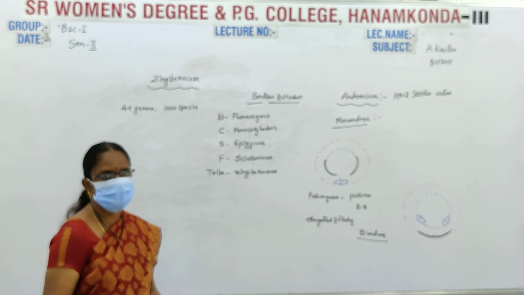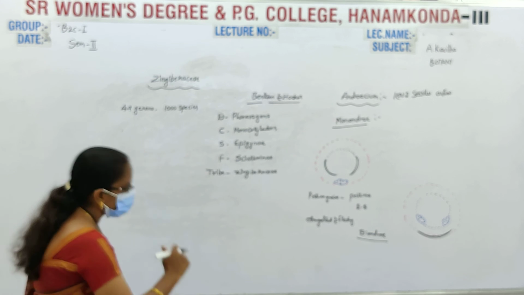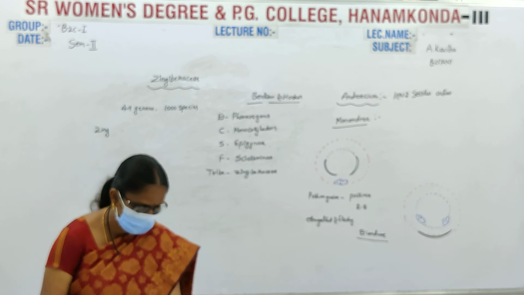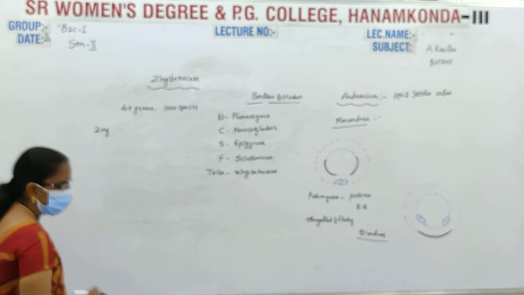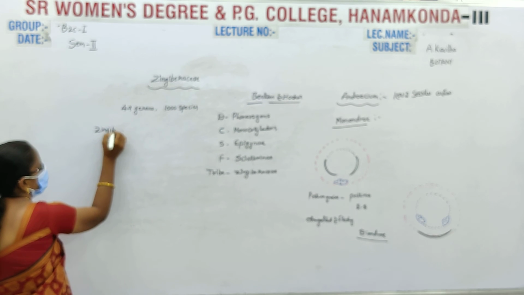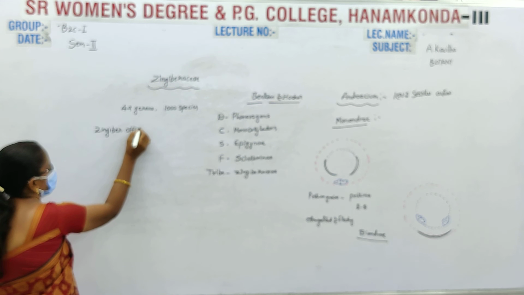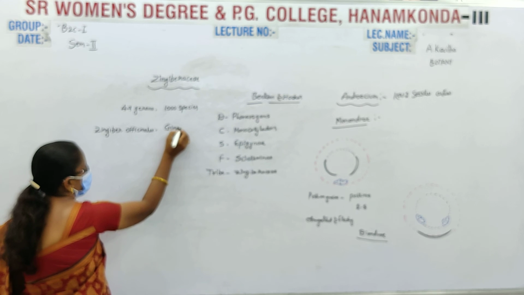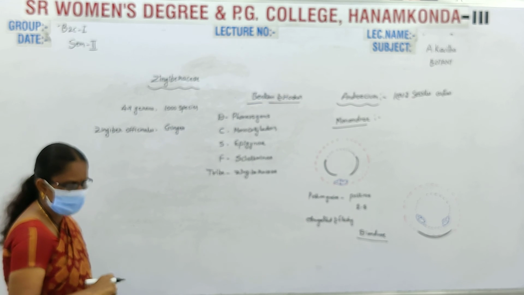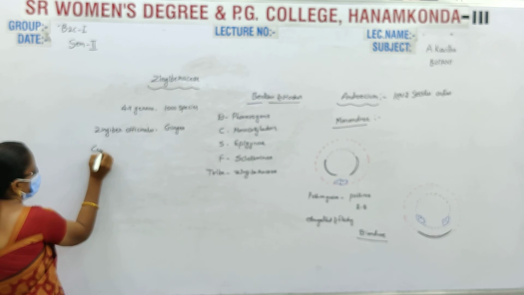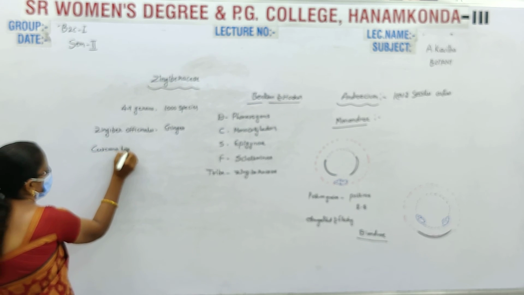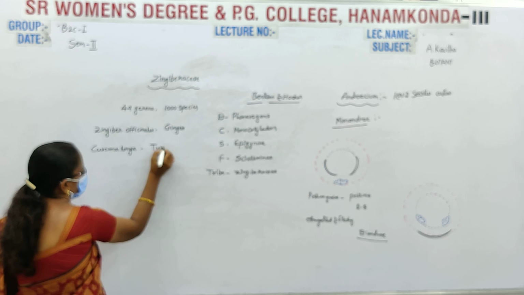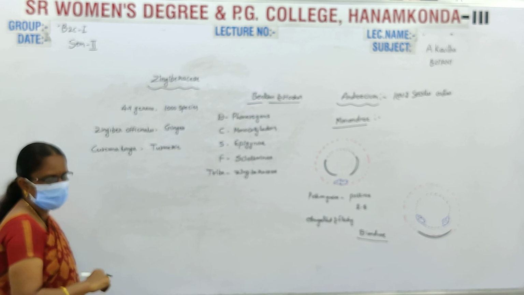For example, Zingiber officinale, ginger, common name is allam. Curcuma longa, turmeric, pasupu.